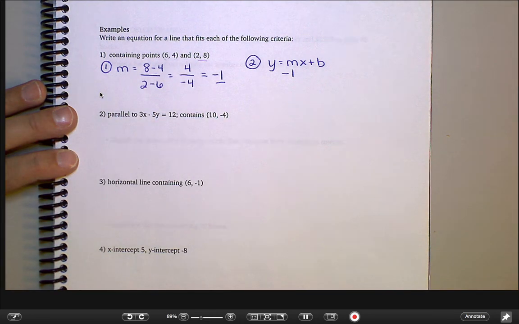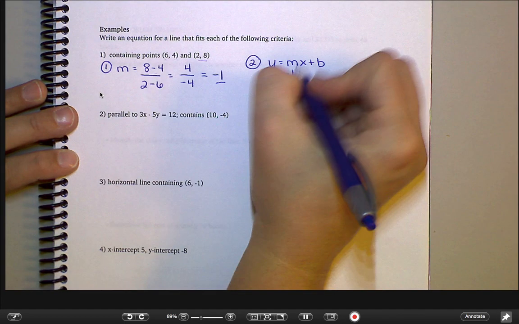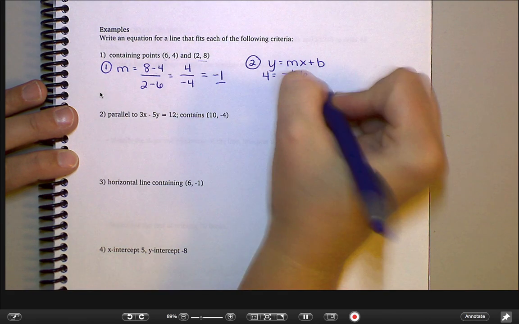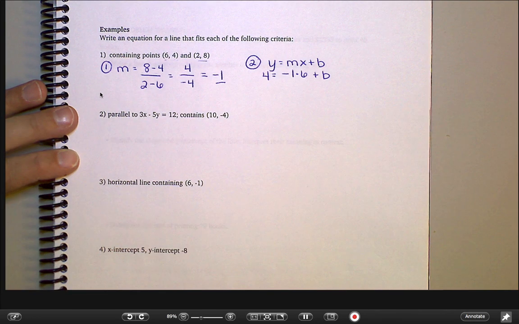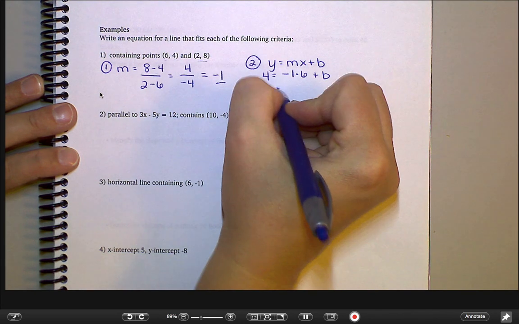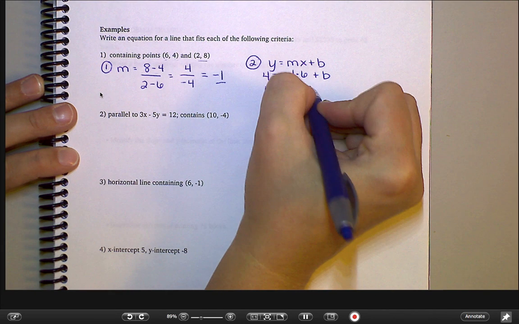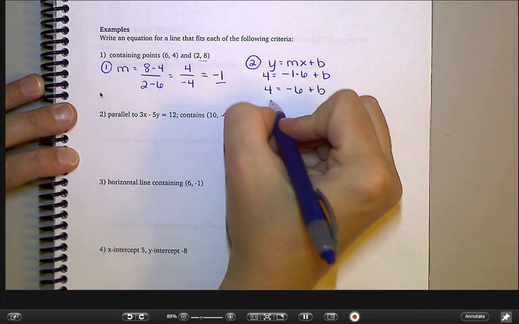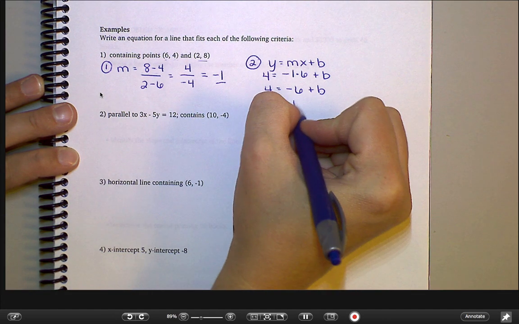It doesn't actually matter which one. So I'll go with the 6 and the 4. Remember, 6 is my x, 4 is my y. Now I should be able to solve for b. So now I have 4 equals negative 6 plus b. Add the 6 to the other side, and I get 10 equals b.